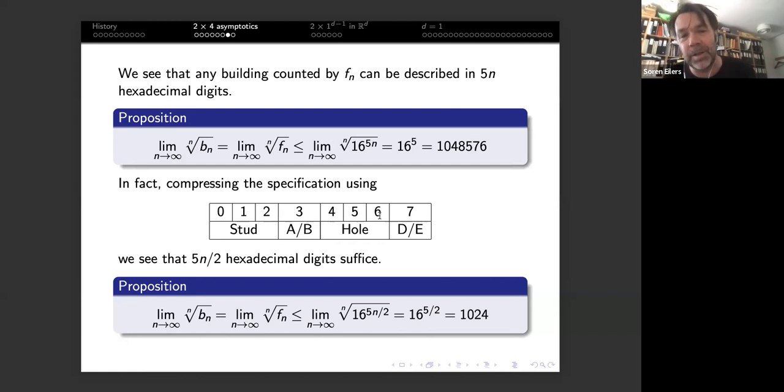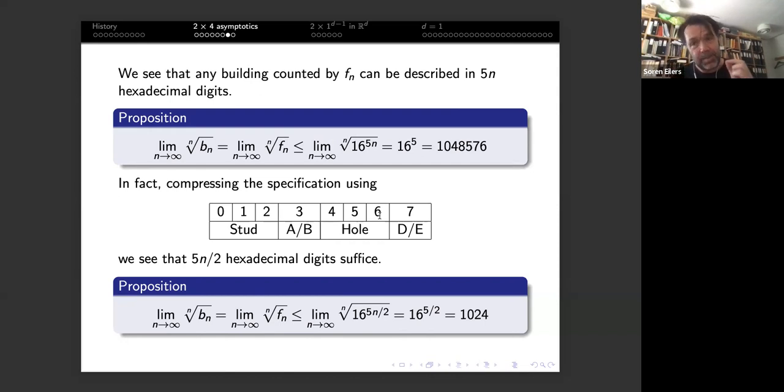And what you can do here is take this specification that I just showed you, where I'm using five hexadecimal digits to specify what I'm doing to one brick. I can pull this down to 2.5 if I'm more careful. And this will then prove that an upper bound for the rate of growth for Lego is 1024.